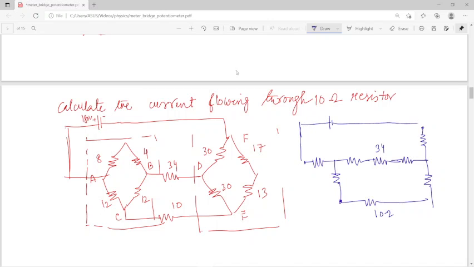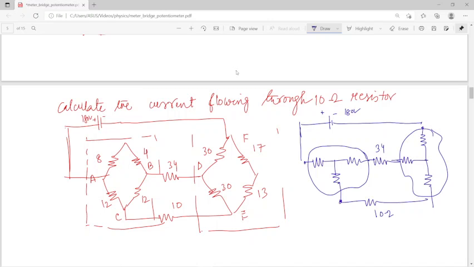So if you just draw the figure, you are just converting the thing into this circuit. That means this is a star, and this is another star network. And if you convert it, you will see that the complicated circuit can be made as simple as that.